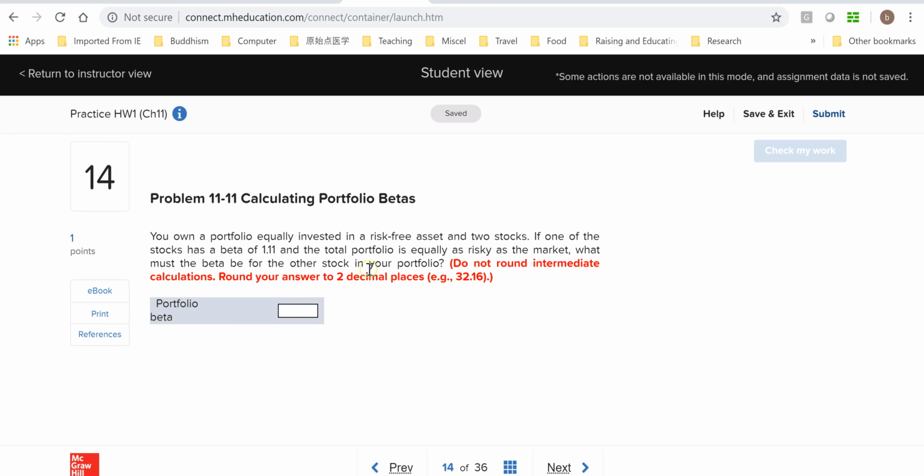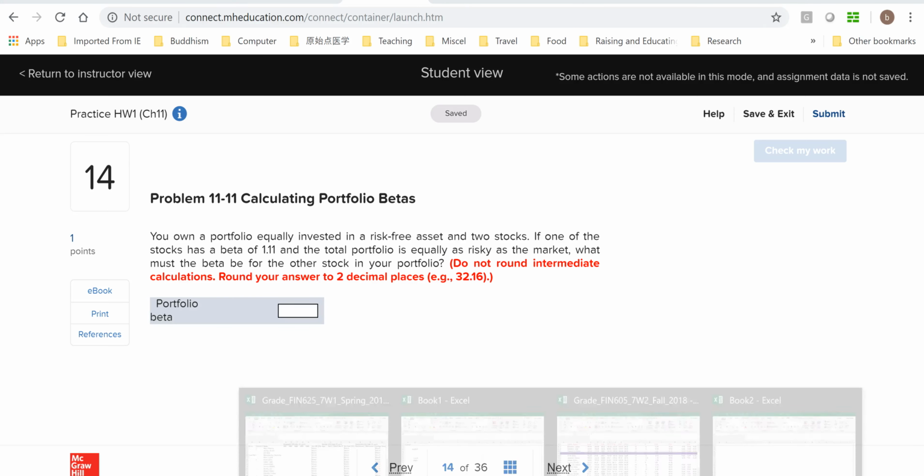Given that knowledge, this question should not be so hard to solve. You can check the Connect explanations, which provide a good solution using algebra. But here I want to show you another way to solve for the same answer by using Excel's goal-seek function.